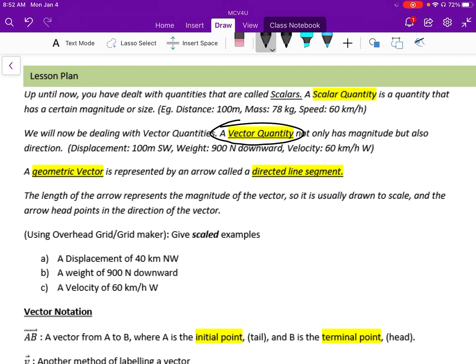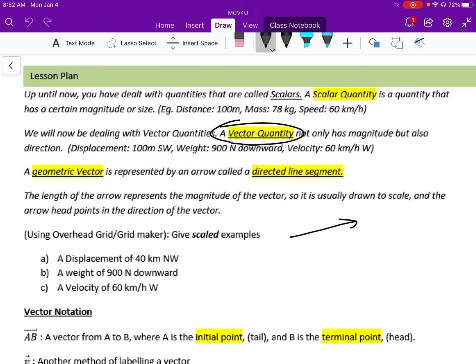We'll start off with the geometric to understand it, and that's most of what you've done in the physics that you've taken, the geometric vectors. I know that you have done algebraic vectors, and we'll get into that a little bit later in a later lesson. So anyway, a geometric vector is represented by an arrow, and it's called a directed line segment. Literally, that is a vector, okay?